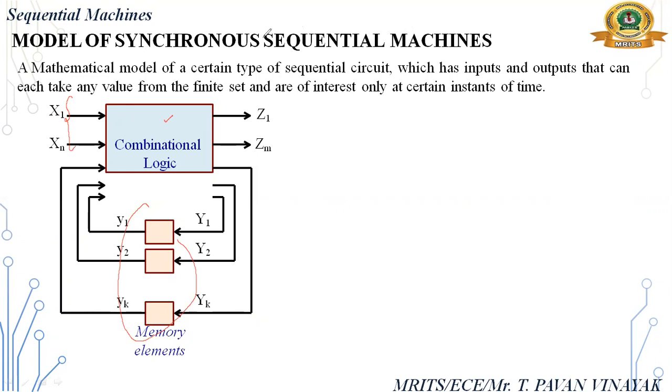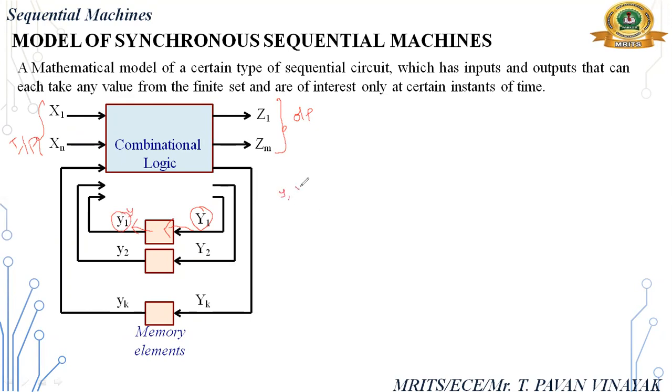While defining a sequential machine, we denote inputs as x: x1, x2, x3, and so on. Inputs are denoted with x, outputs are denoted with z, and states. Input for the memory element is denoted with capital Y, output taken from the memory element is denoted with small y.